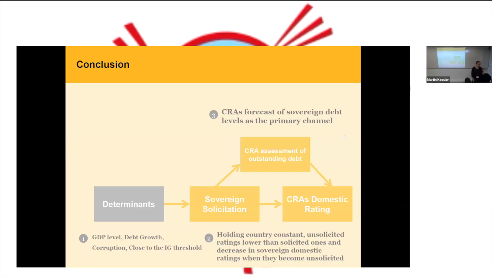Yeah, thanks. Seems very interesting. I look forward to reading the paper. So I think the correlation is quite what you'd expect. I think causality is the problem direction. But about what you mentioned, the changes in the forecasts between unsolicited and solicited, I don't know if it was local debt, total government debt, or external debt.